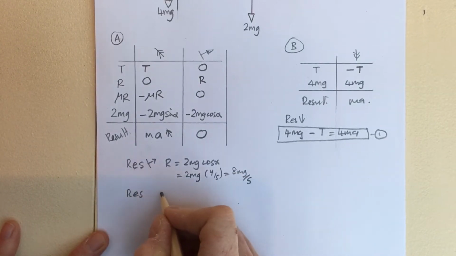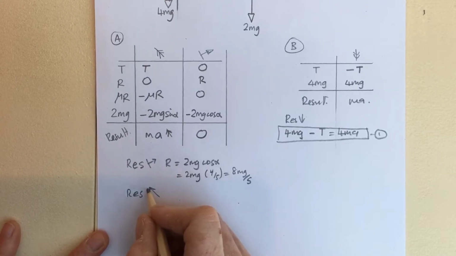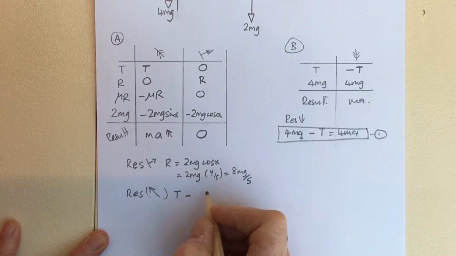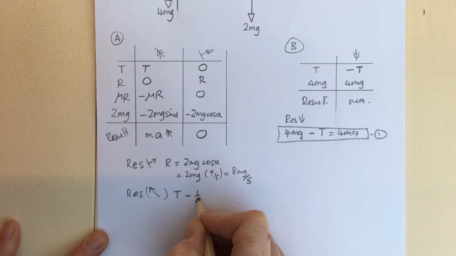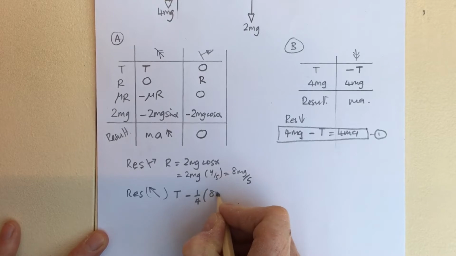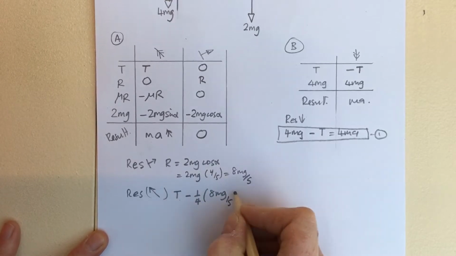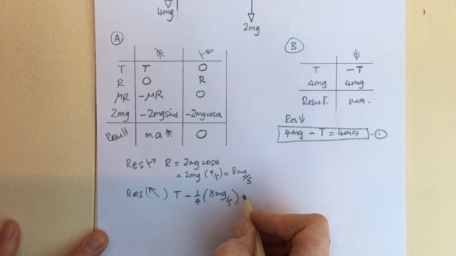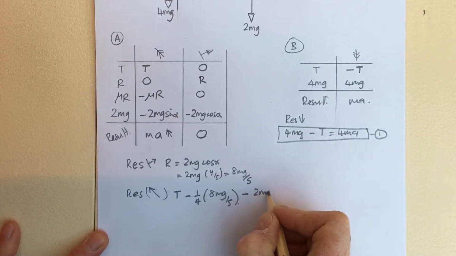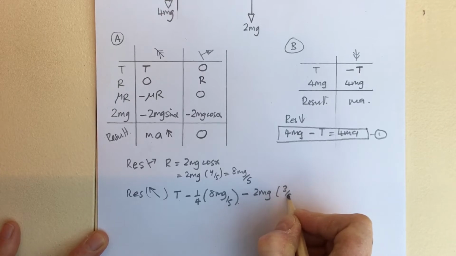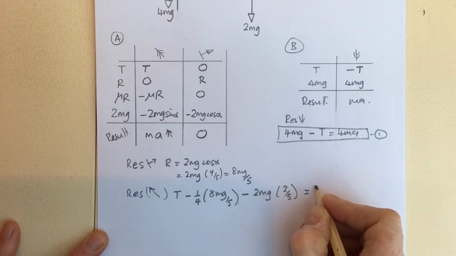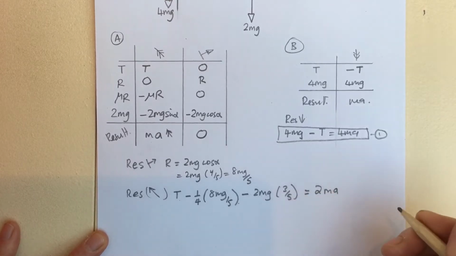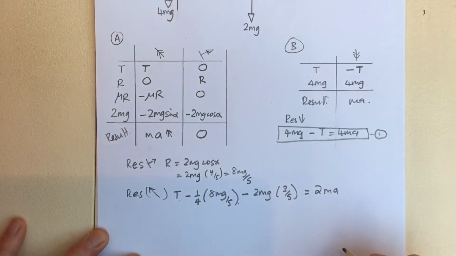Resolving up the plane, we would have T minus mu R, which is 1/4 times 8/5 mg, minus 2 mg times 3/5, and that's going to equal 2 ma because our weight is 2 mg.